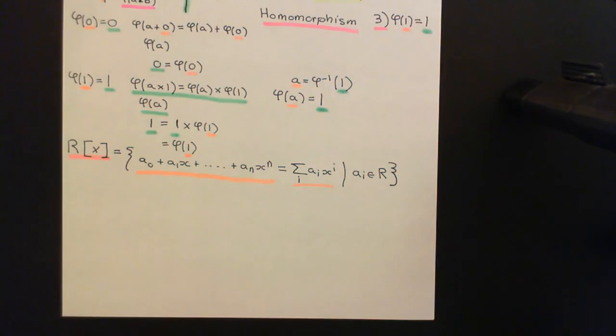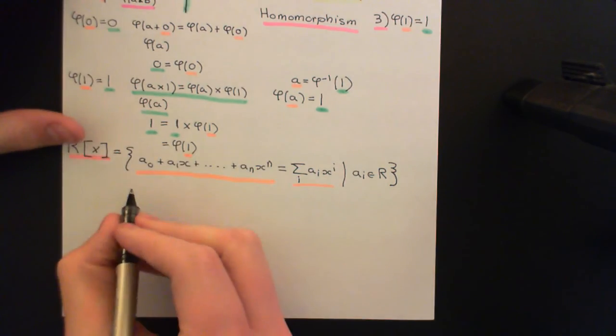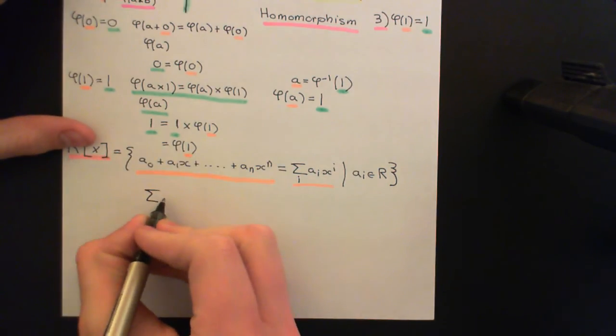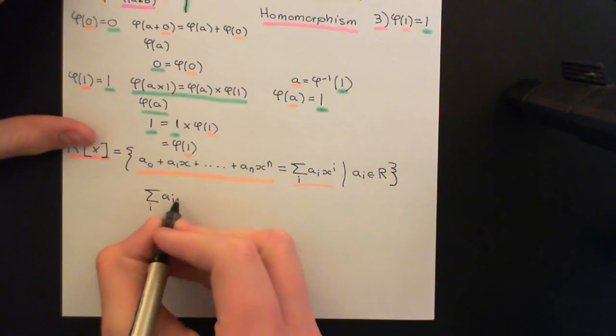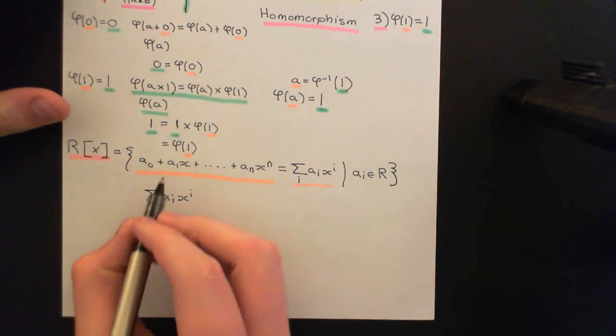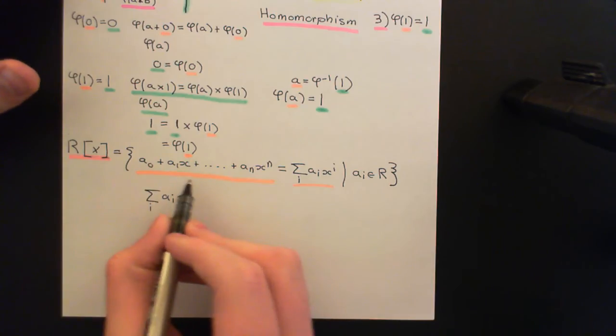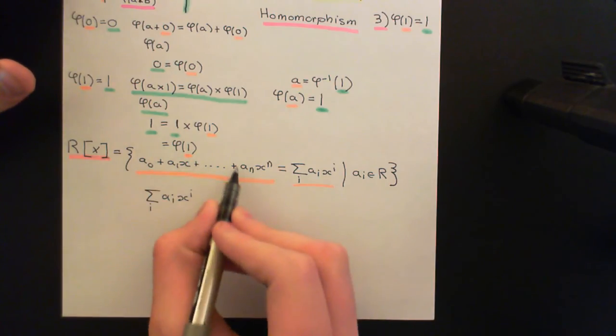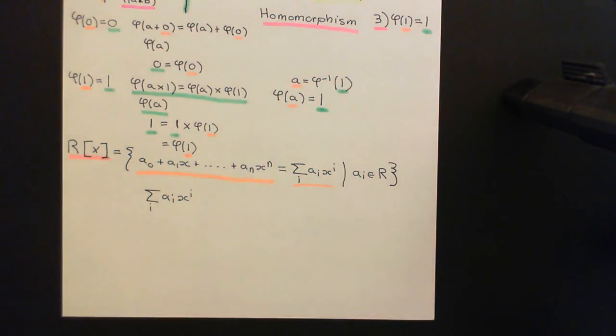You just add the coefficients in front of the powers of x, and you do that addition in the ring capital R. So if we have two polynomials, the sum over i of ai xi, and remember, when I write this here, it just means construct this symbol. It just means put these plus signs in between the terms, but it doesn't really mean a real addition. It is just a symbol initially.